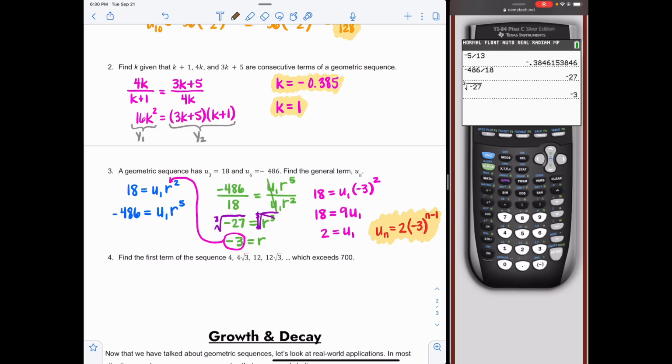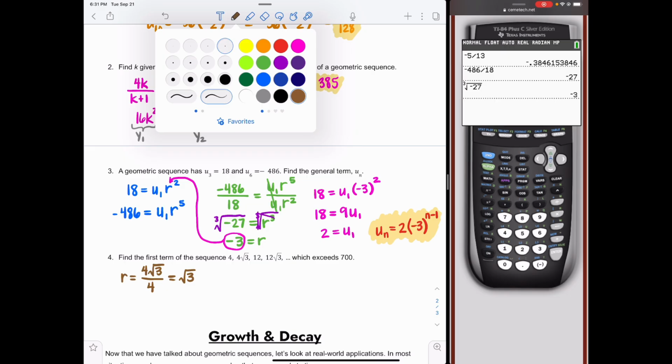Remember, your common ratio is always equal to your next term divided by your previous term. So we have 4 square root of 3 divided by 4, and that gives us square root of 3. If we take 12 square root of 3 and divide it by 12, we still get the square root of 3. So our common ratio is the square root of 3.